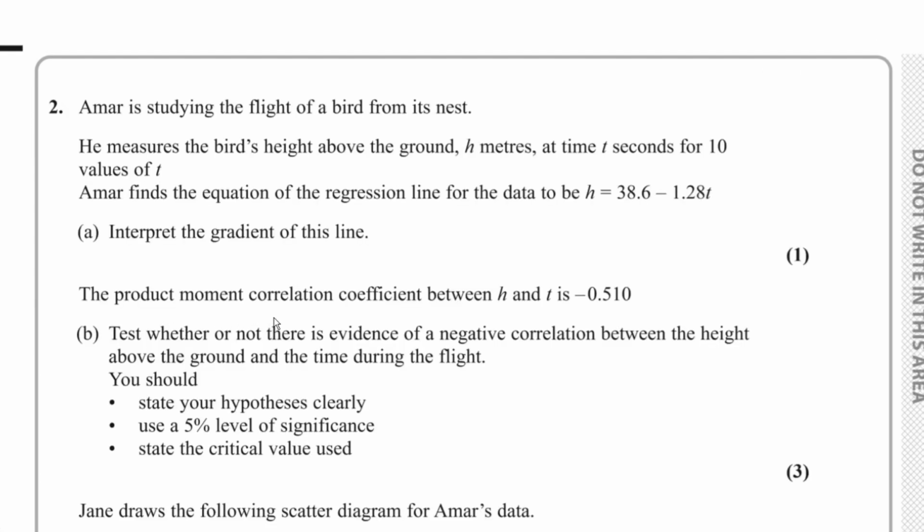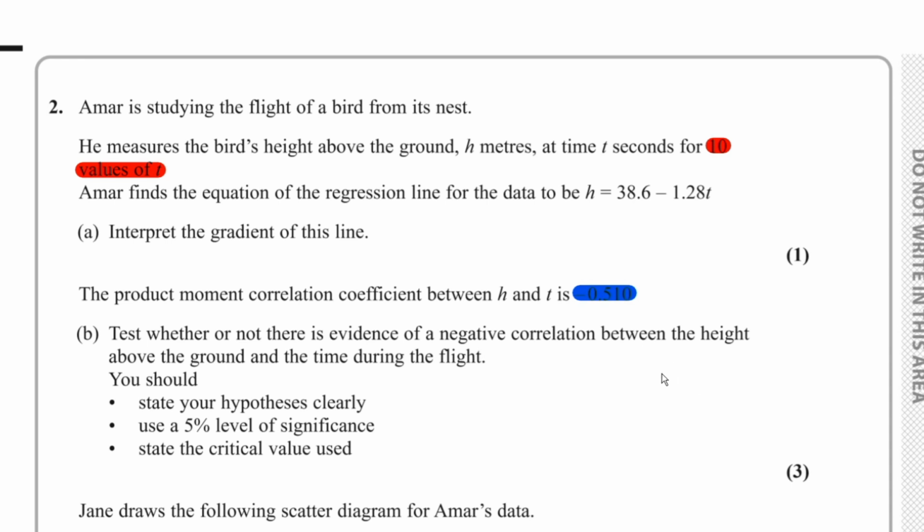The product moment correlation coefficient between h and t is negative 0.510. Part B. Test whether or not there is evidence of a negative correlation between the height above the ground and the time during the flight. You should state your hypotheses clearly, use a 5% level of significance, state the critical value used. Here we have 10 values of t, and the PMCC between h and t is negative 0.510.